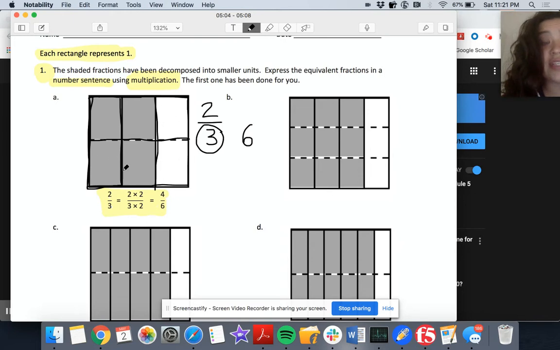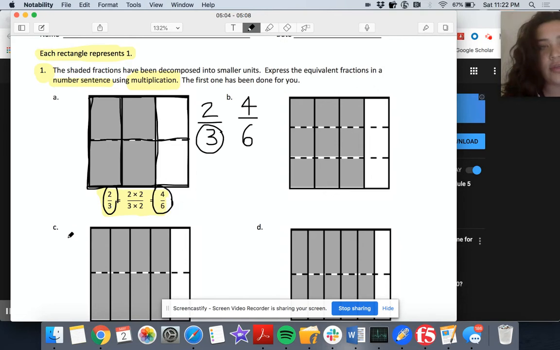We now have 6 total pieces in this chocolate bar, and 4 out of those pieces are shaded. And that's pretty much what we did last week. We learned that by cutting up this figure into more pieces, we are able to get equivalent fractions. So we know that 2/3 is equal to 4/6.